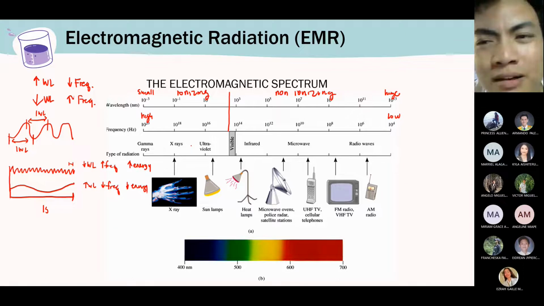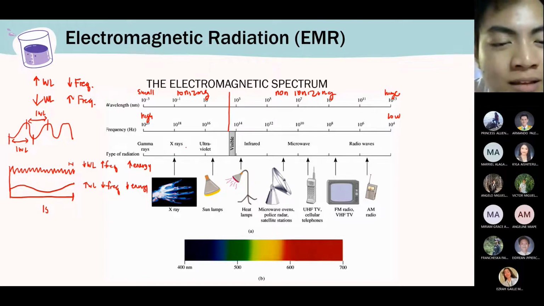Kumbaga, tawag doon is radiation sickness. No? Pero, yan, di ba, fraction of a second lang naman when we are exposed to X-ray. That's why we don't feel anything. No? But if you get exposed multiple times, then you will have radiation sickness. No? Pwede ka magkasakit. And then eventually, if that is too much, ayun, pwede ka magka-cancer.